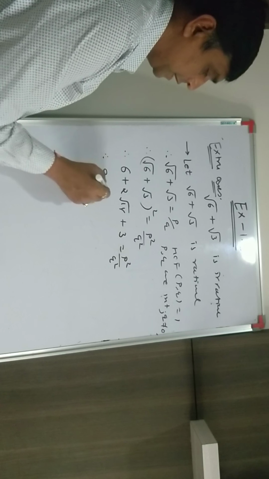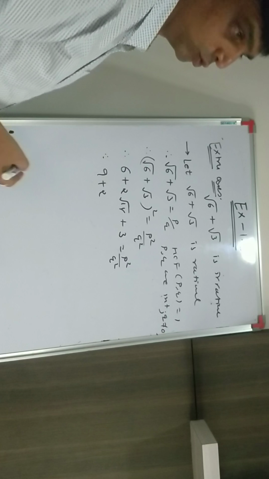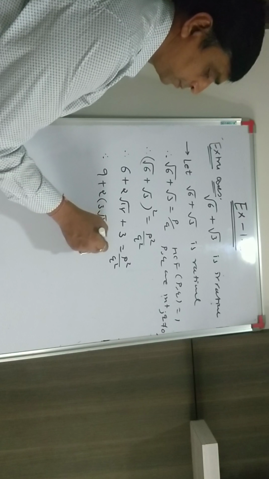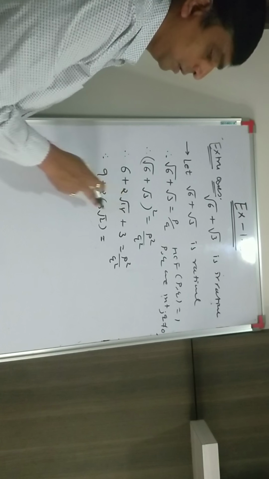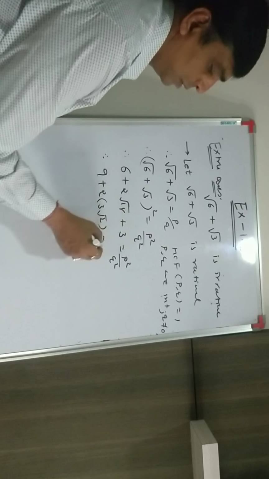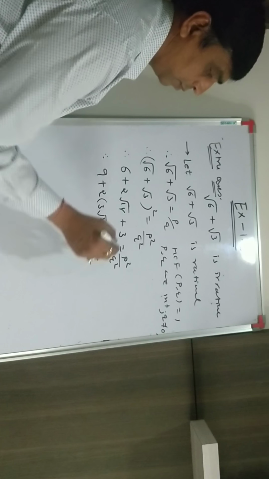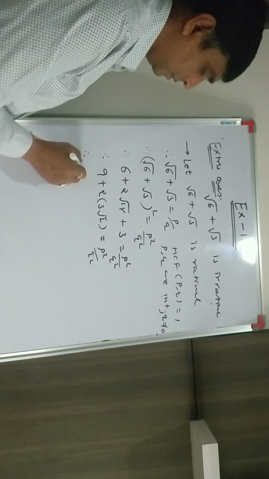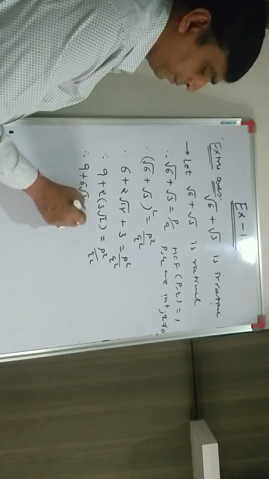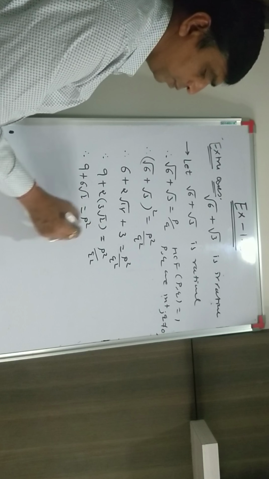6 plus 3 is 9, plus 2 root 18, that is 3 root 2, that is, 9 twos are 18. Square root of 9 is 3, 2 remains the same, that is root 2, equals P square upon Q square. Therefore 3 times 2 is 6 root 2, so 9 plus 6 root 2 equals P square upon Q square.